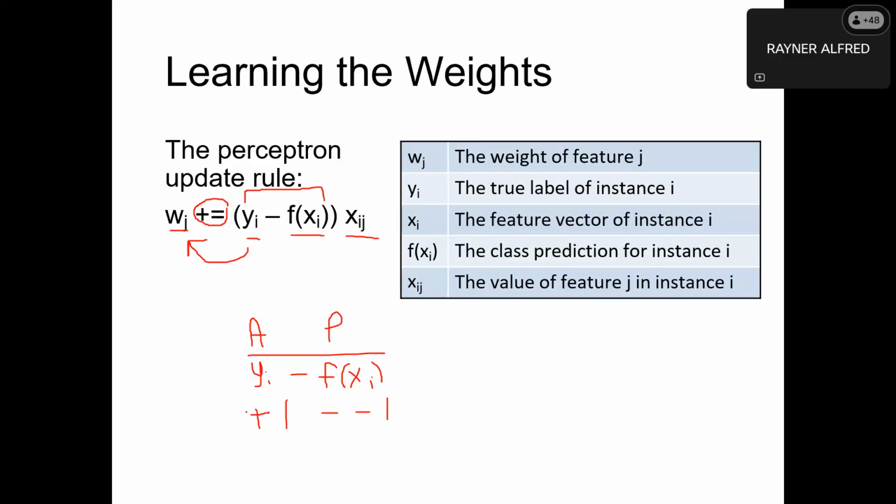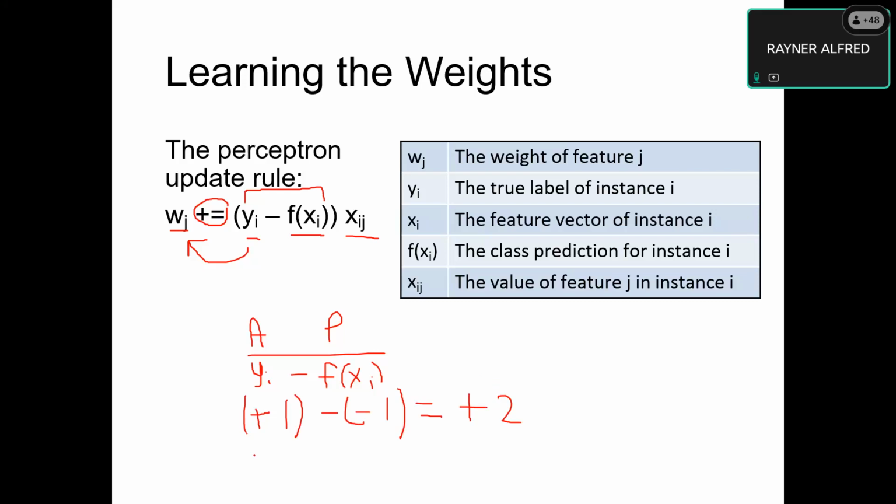Okay. So we have this. So the value for this one would be positive too, right? So that means we are changing the weight to be +2. Okay.